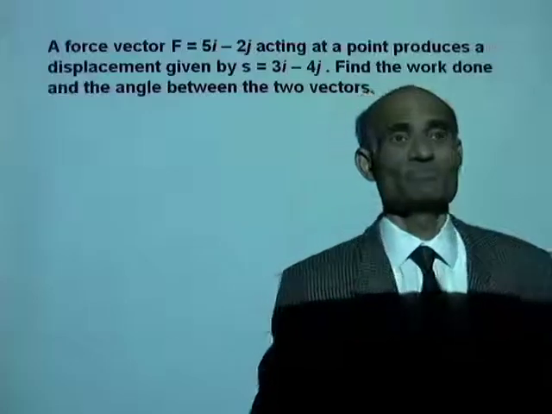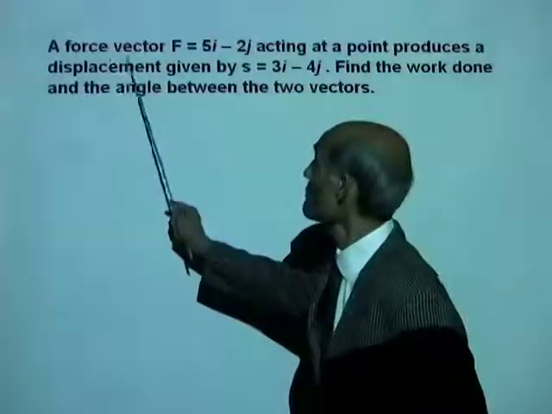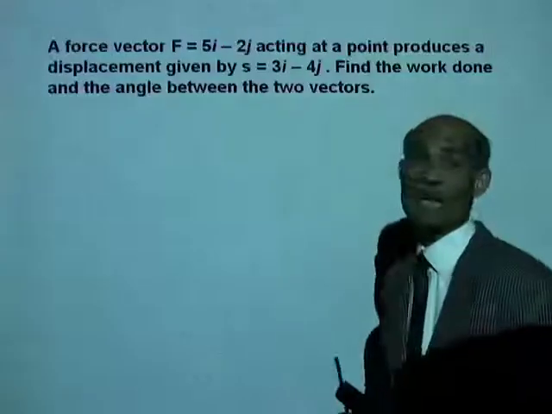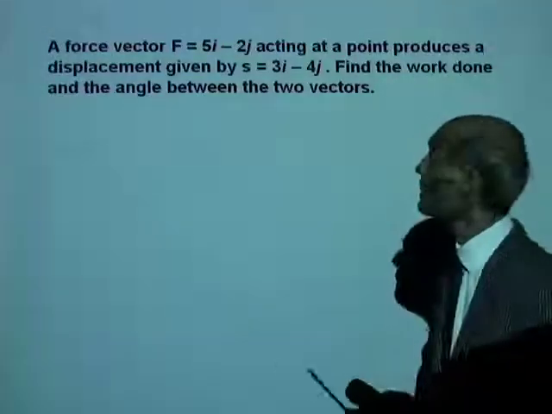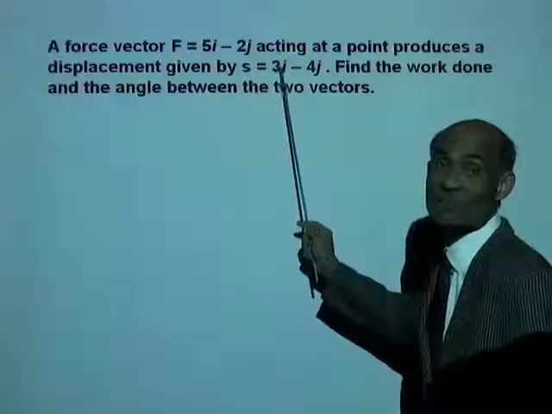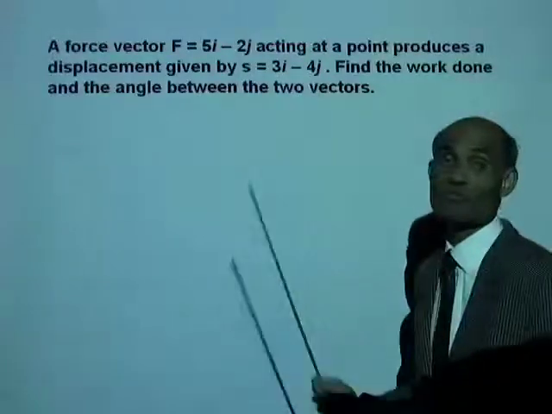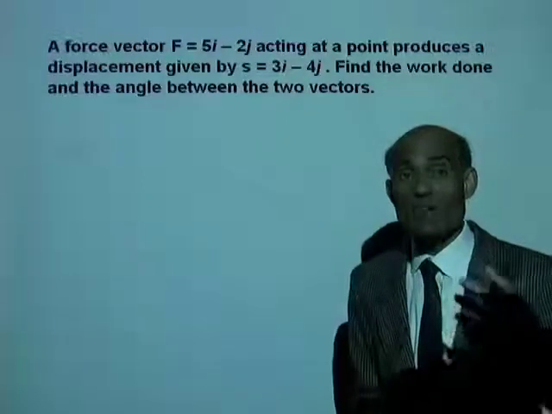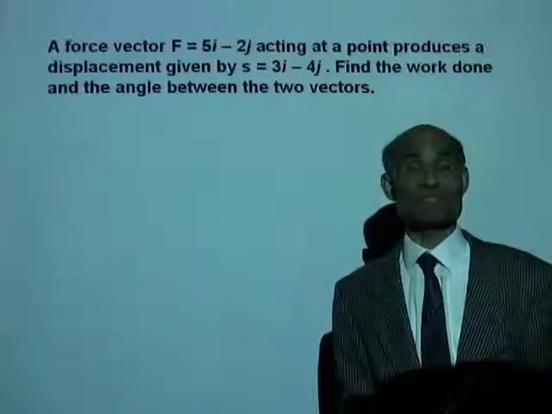Another problem. A force vector F equal to 5i minus 2j acting at a point produces a displacement given by S equal to 3i minus 4j. Find the work done and the angle between the two vectors.